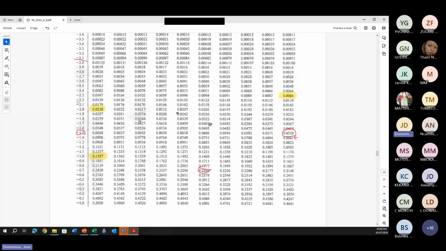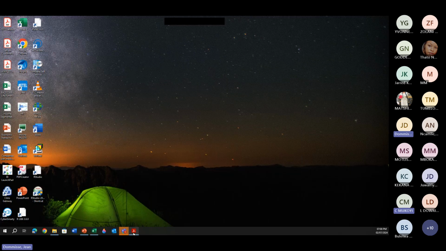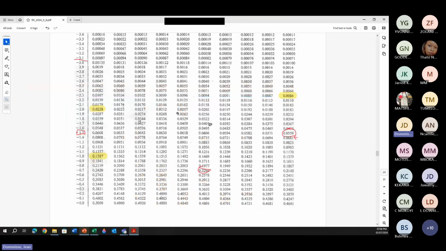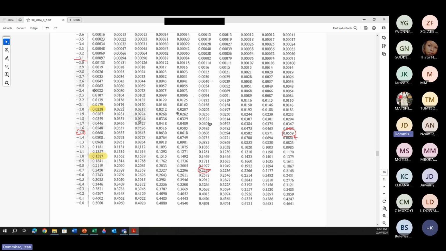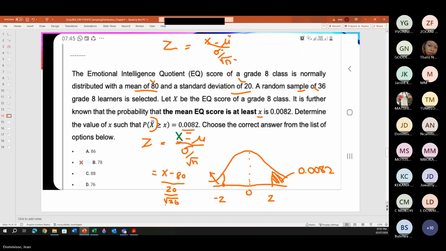Oh, wait, you're right. Yeah, 0.0082. Thank you. So again, how easy it is to make that mistake. Okay, so perfect. There it is. Minus 2.4 is the 0.0082. So then on the positive side, it will be positive 2.4.